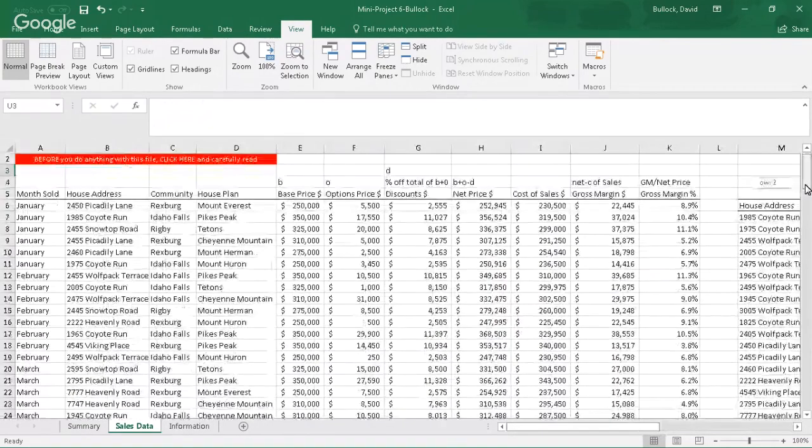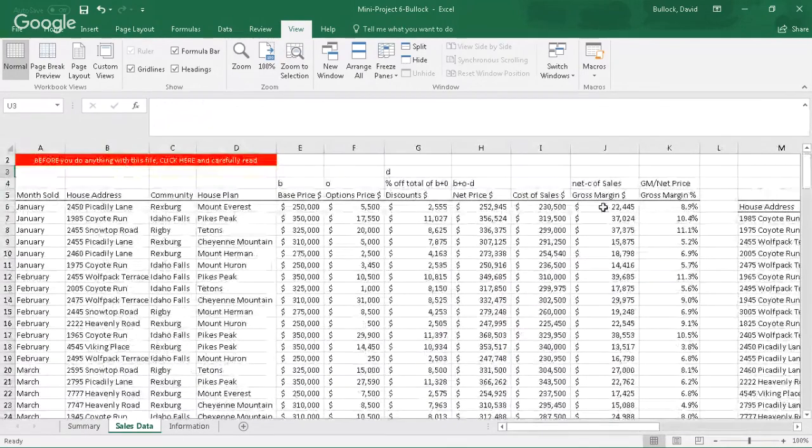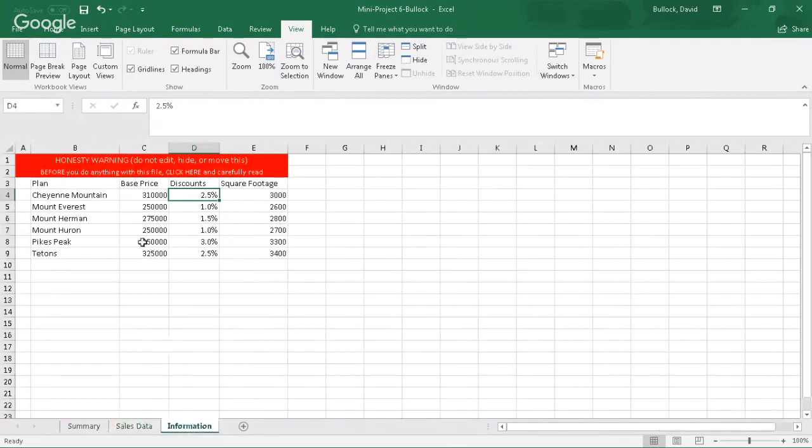So that's where I did all my VLOOKUP stuff, in the sales data. So you got base price, you had to fill out. So I did a VLOOKUP in the sales data, so it refers back to this one. The information is where you get your array.